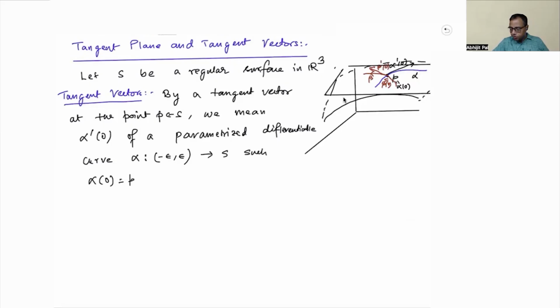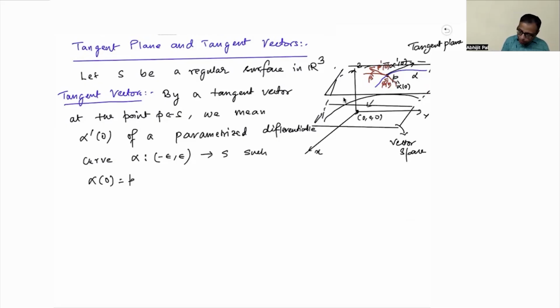And if you translate this plane to the origin, you'll get a plane here. So this will be my vector space, and this is my tangent plane at the point P.